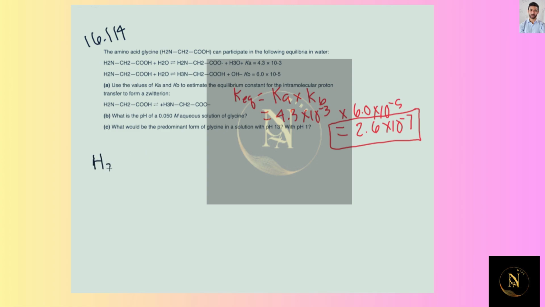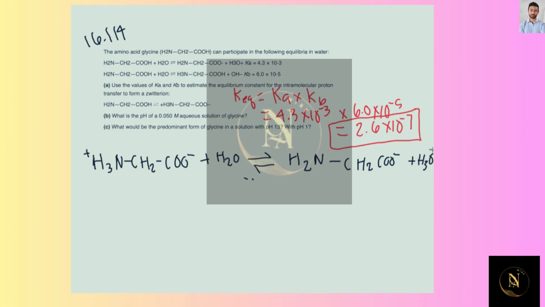We have our H3N+CH2COO minus, plus our H2O, goes to H2NCH2COO minus plus H3O plus.